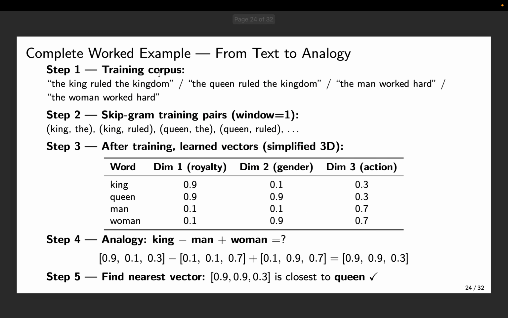So now moving to a worked example end to end. Now let me do a complete worked example from scratch, from a raw sentence all the way to king minus man plus woman is equal to queen. Step one, tiny training corpus. The king ruled the kingdom. The queen ruled the kingdom.